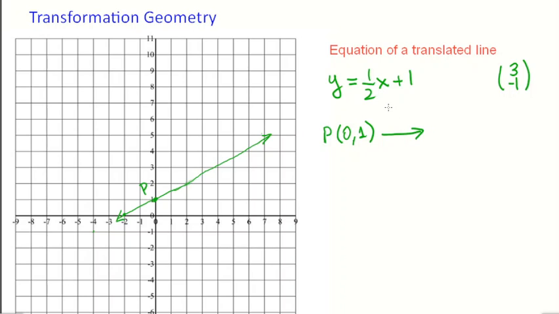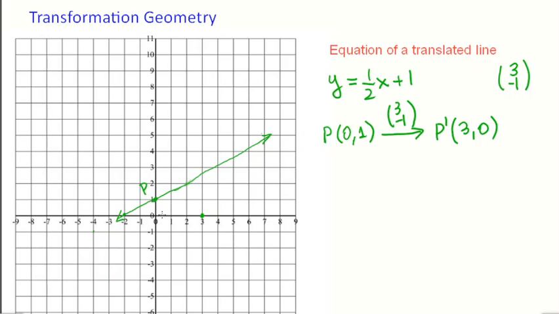So when I move that point through vector 3 and take away 1, I will get another point, which will now be 3 and 0. And that has to be a point in my new line, right? So this new point is a point of my line.